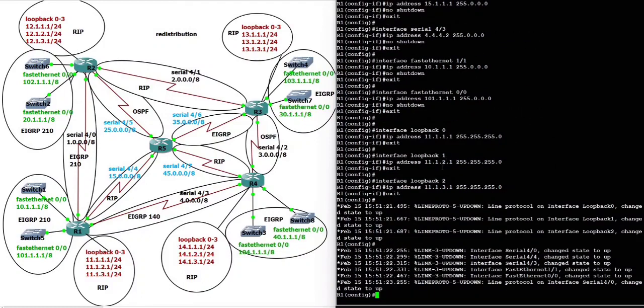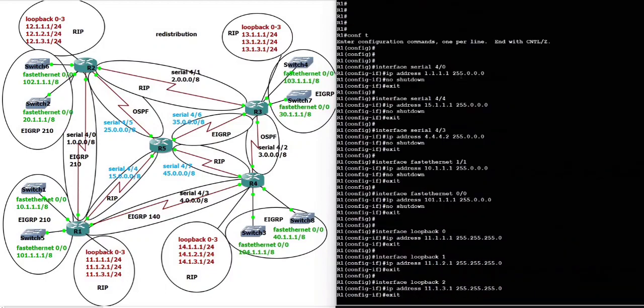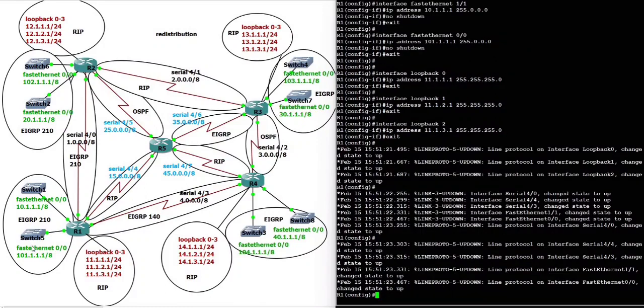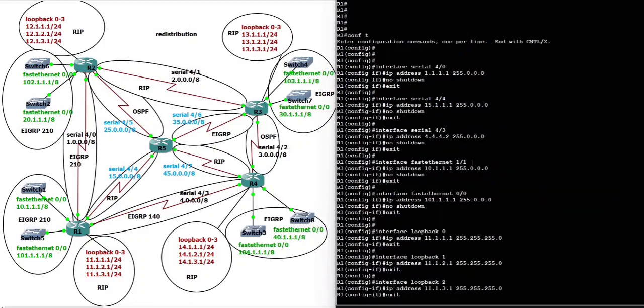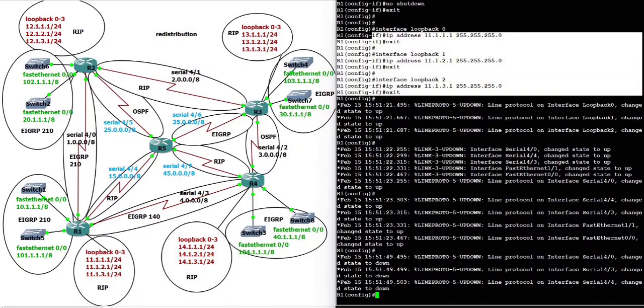You can see on router 1 we have 3 serial interfaces, serial 4/0, 4/4, 4/3, and the IP addresses are 1.network and 15.4.network, and we have 2 fast Ethernets connecting with switch, fastnet 1/1 and 0/0, and 3 loopbacks, 11.network. Here we have 3 loopbacks: loopback 0, loopback 1, and loopback 2.